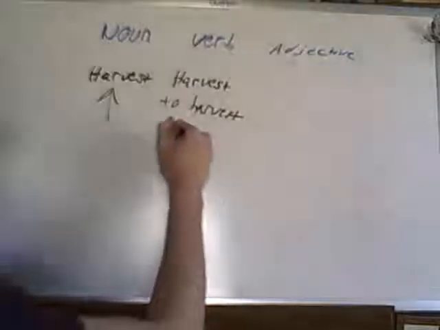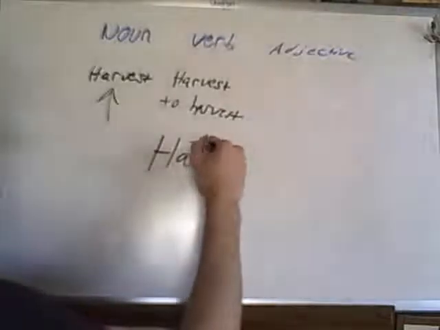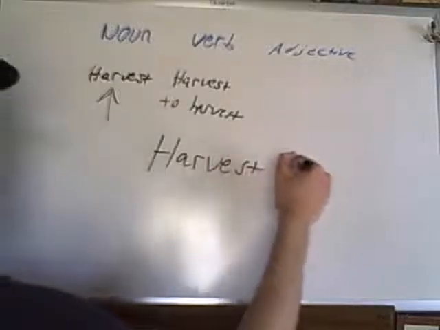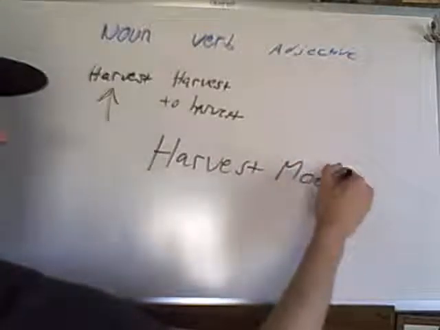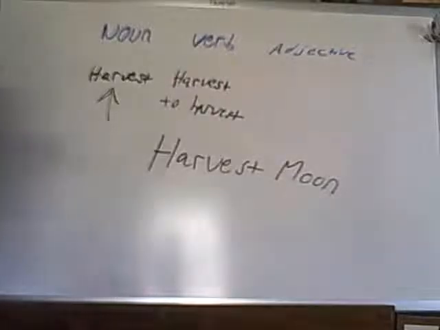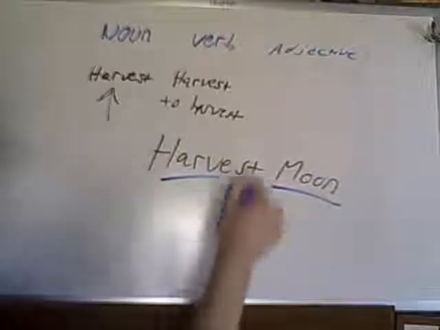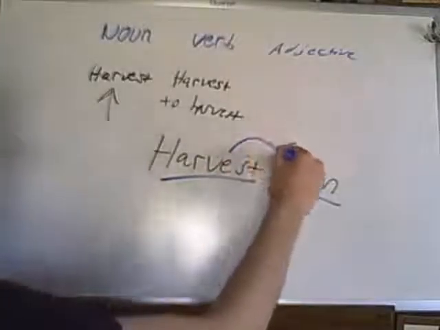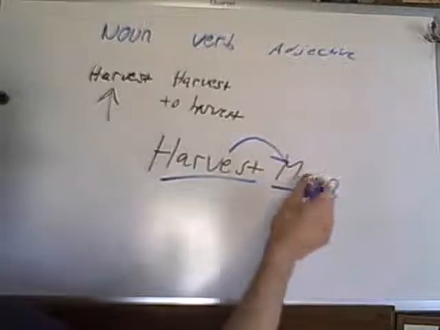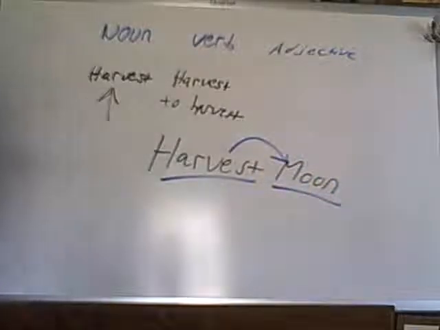However, there are some words like harvest moon. Now, these are clearly two separate words. And we know that harvest is modifying moon because it's telling us what kind of moon it is.